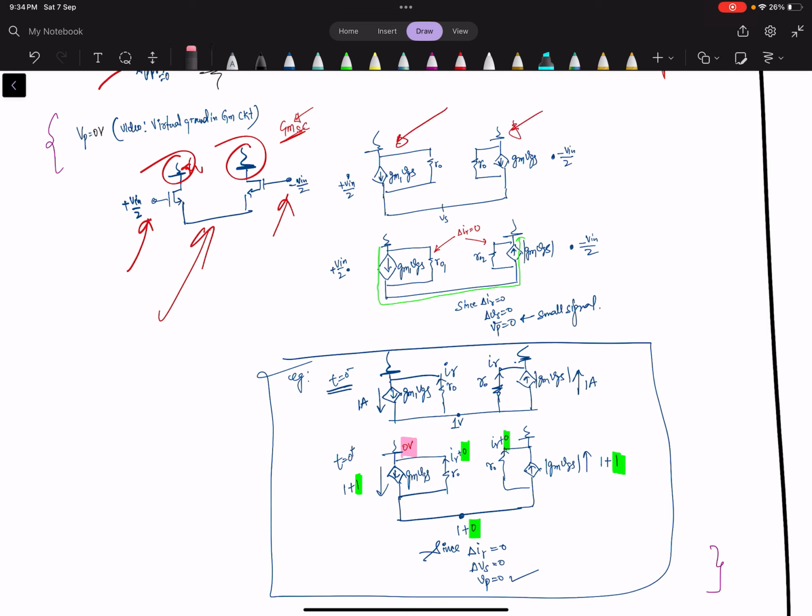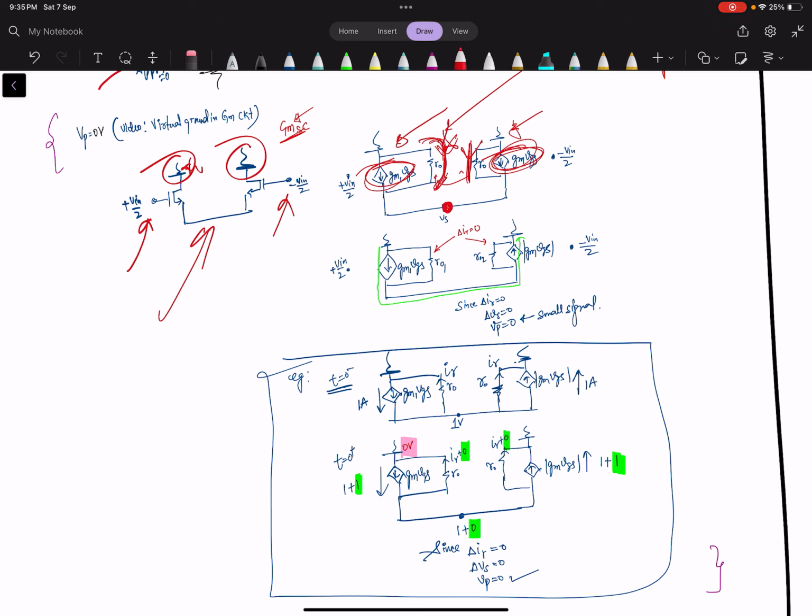Whatever the change in this current will be the same in this branch. So there is no change in this R0, and this potential is defined by the change in current in R0. Whatever current changes in these two R0 will define the potential change here. And if these two currents are the same, then there is no current in this R0.